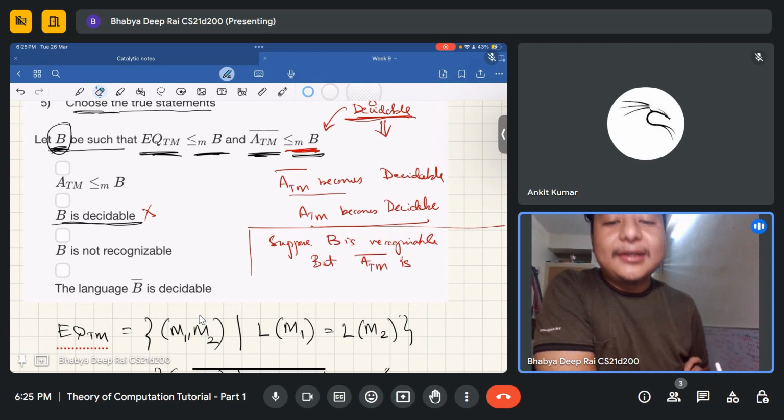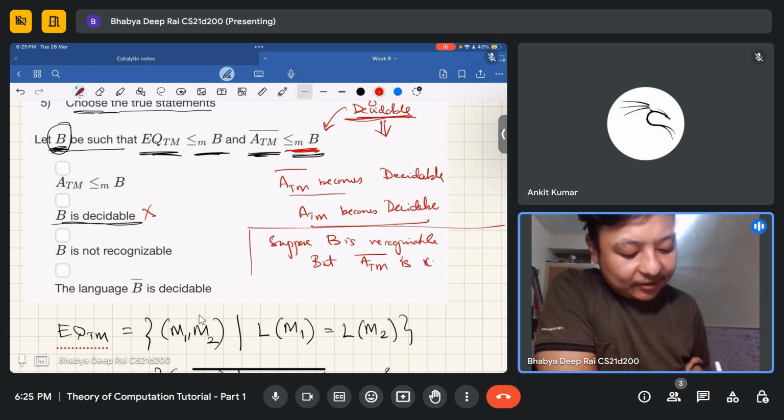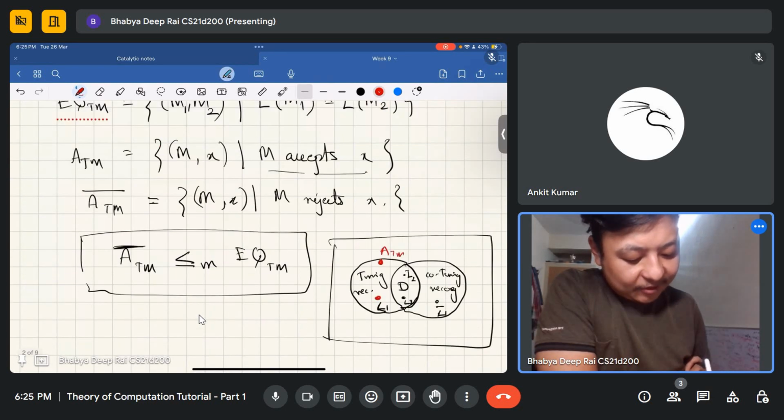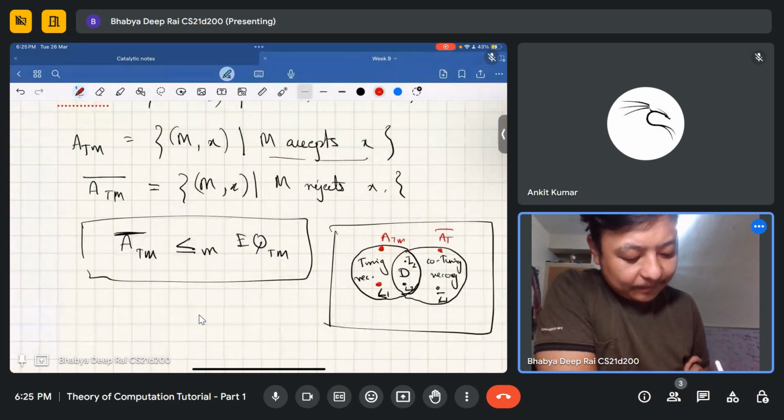It is not recognizable. So it's actually co-recognizable. Right. A bar TM is here, because ATM is here, A bar TM is here.